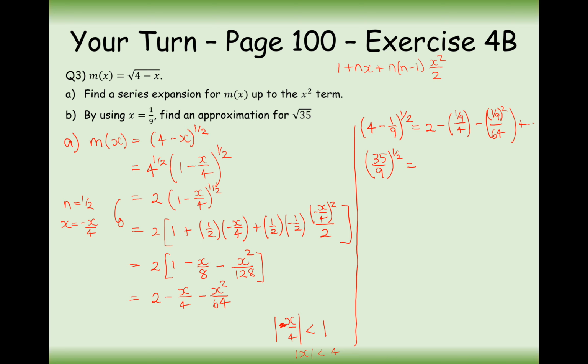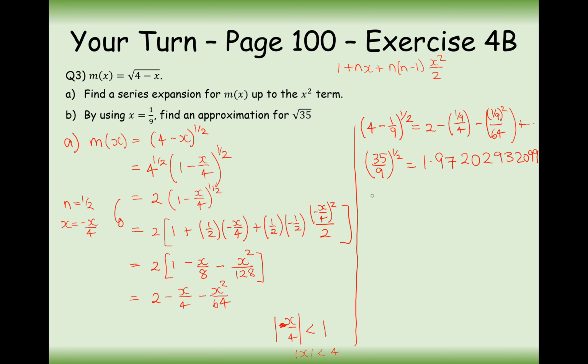And then it'll be minus answer value squared over 64. And that'll be 1.9720 and then 29320099. We'll write this out to 4 decimal places, just in case the examiner wants any more decimal places.